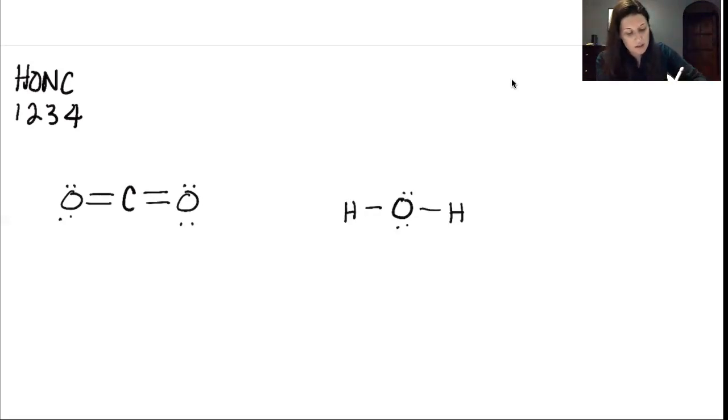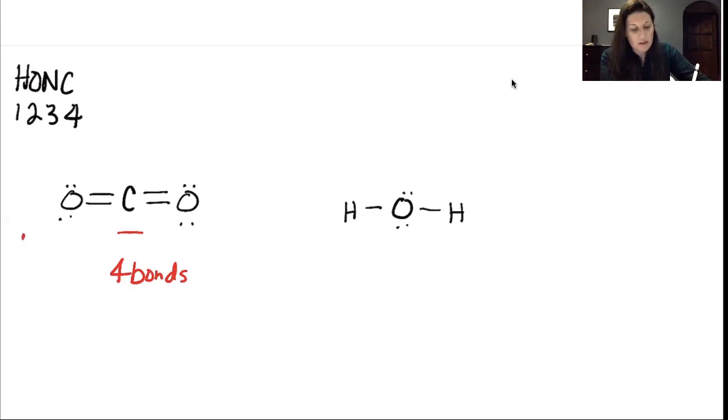Let's look at this carbon in the CO2 over here. This carbon has two sets of double bonds, so altogether, that means it has four bonds. Each oxygen here has a set of double bonds and then four non-bonding electrons.